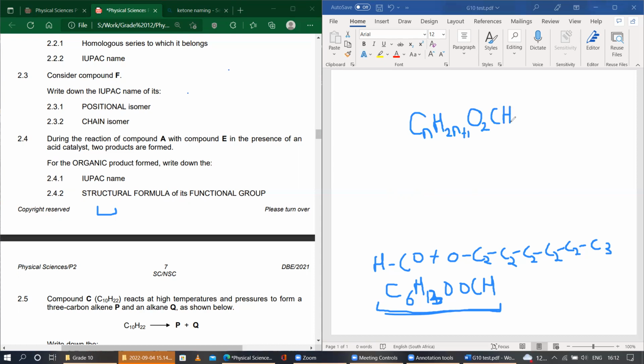Something along these lines. Or you can just say C7H14O2. So it depends on which way you prefer. So is that fine now? Yes, sir. Okay.